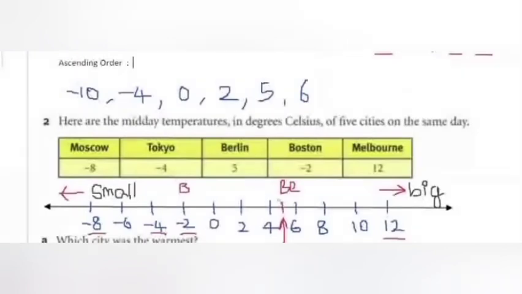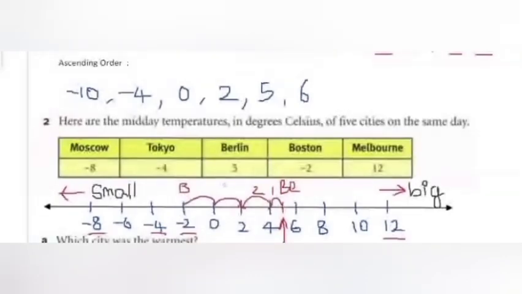So 1, and then from here to here is 2 units. Each is 2 units, no? So 1, so here is 2. So I'm moving it up to -2.